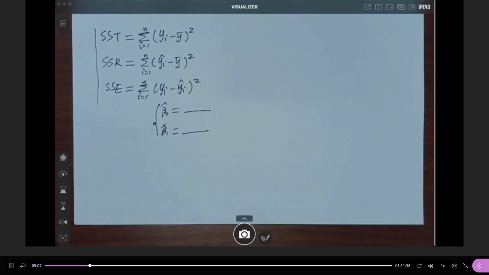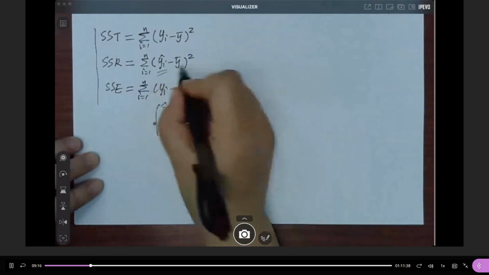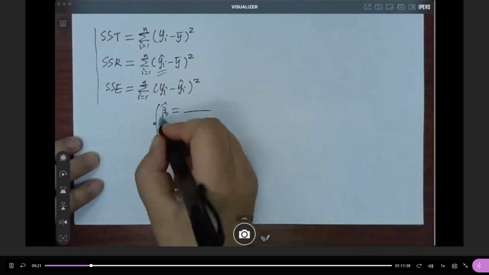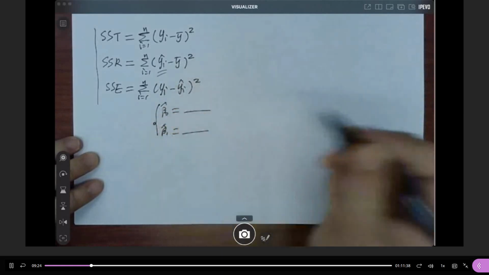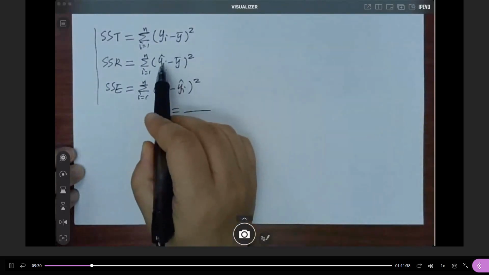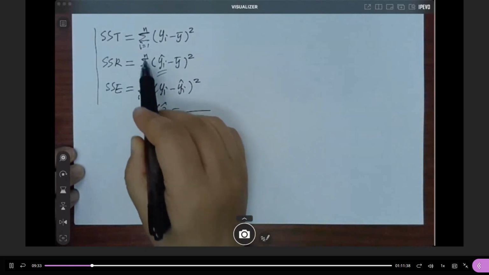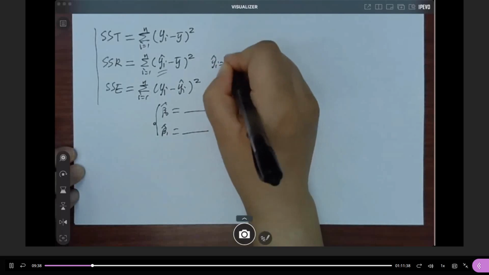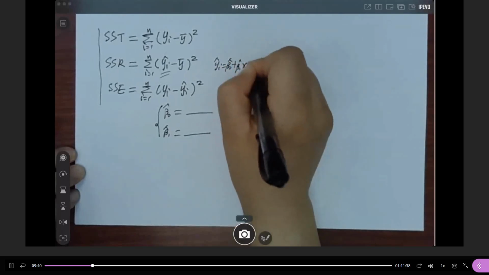Yes, a question? Professor, could you explain how you got 1 for SSR again? 1 for SSR? Okay, so when you have yi hat, you don't have n free pieces, you only have 2. Assuming you can freely set beta 0 hat and beta 1 hat, that's only 2 free pieces, right? Y hat does not have n free pieces for i equal to 1 to n because each y hat is calculated by y hat equal to beta 0 hat plus beta 1 hat xi.